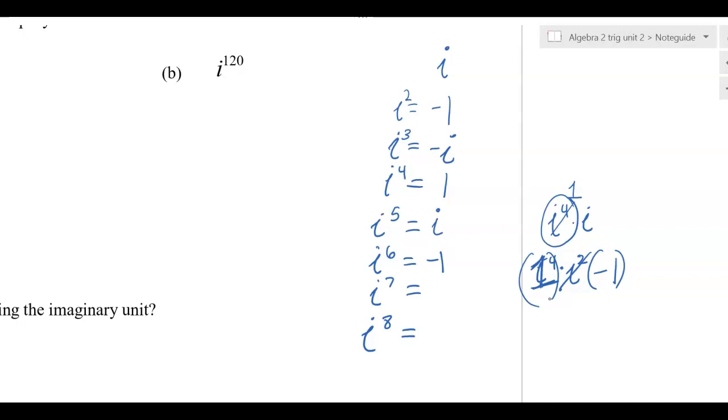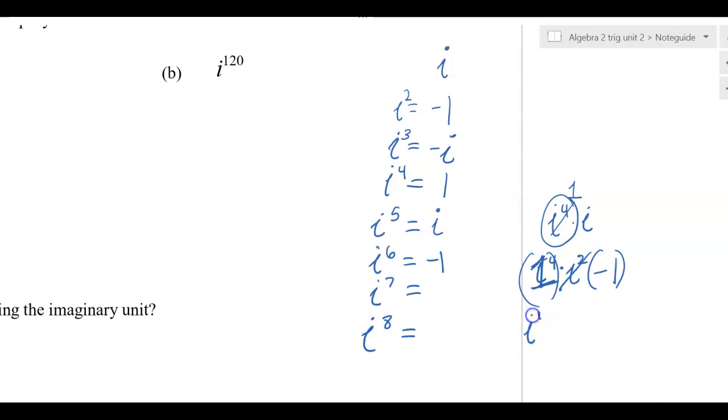What about i to the 7th? Somebody else, what did you get? So -i.